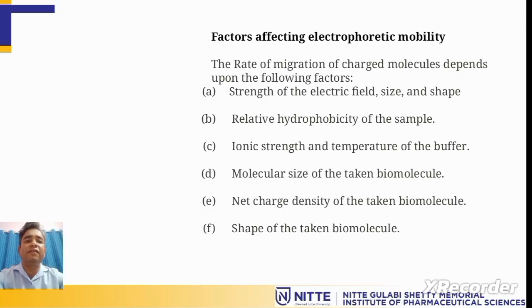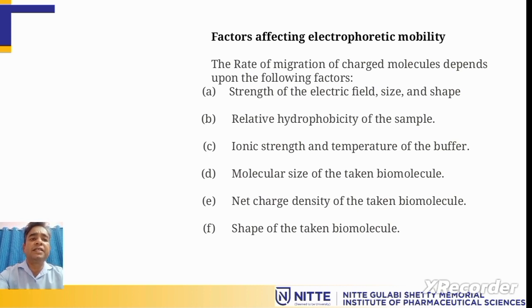What are the factors which affect the electrophoretic mobility? The rate of migration of a charged molecule depends upon the following factors: the strength of the electric field, to which it is directly proportional; the more electric field you apply, the faster the migration of the charged particle.